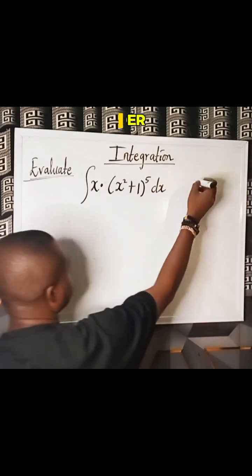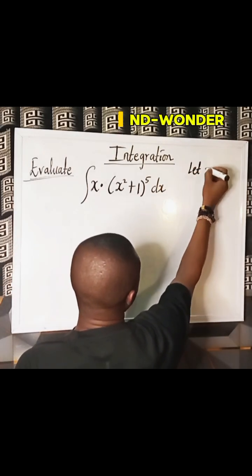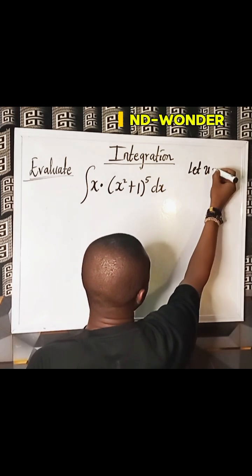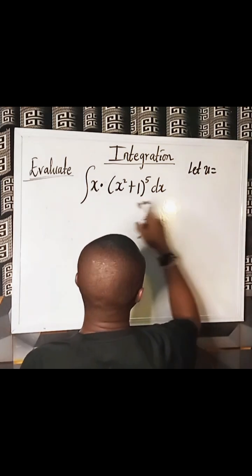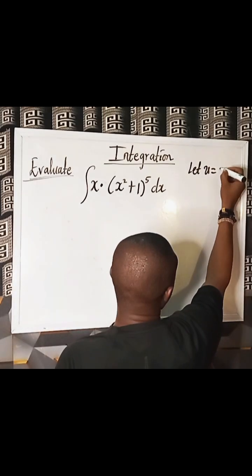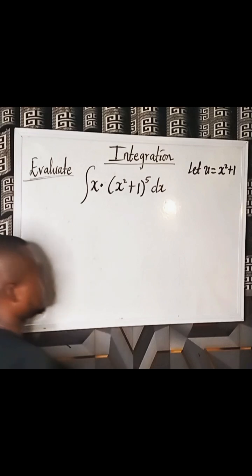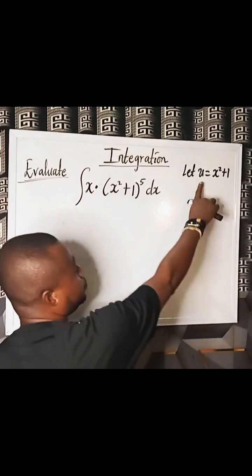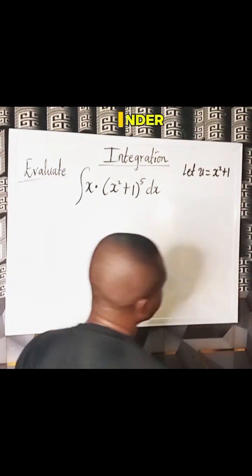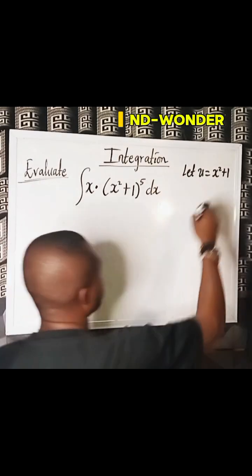Now we can say, let u be equal to whatever we have in this function, x squared plus 1. If u is x squared plus 1, then what do we get as du?